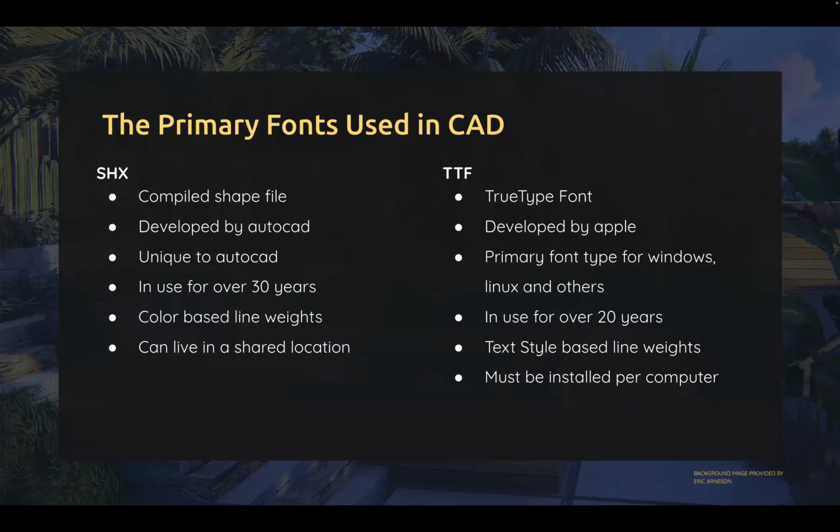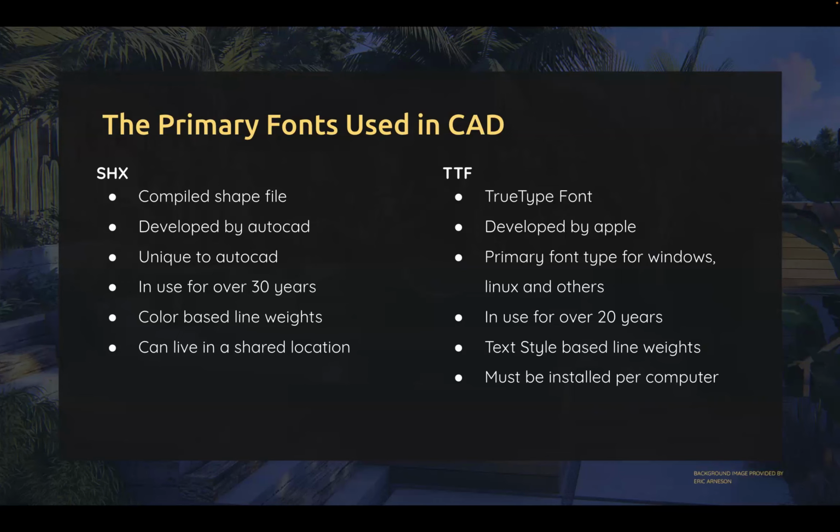And this point, textile-based line weights: as you'll see later, there's a lot more options and freedom now in TrueType fonts to have different textiles set up with different line weights of that font. So you'll have things like regular, bold, thin, italic, and so on. Not every font, but most of the high quality TrueType fonts will have a font family.